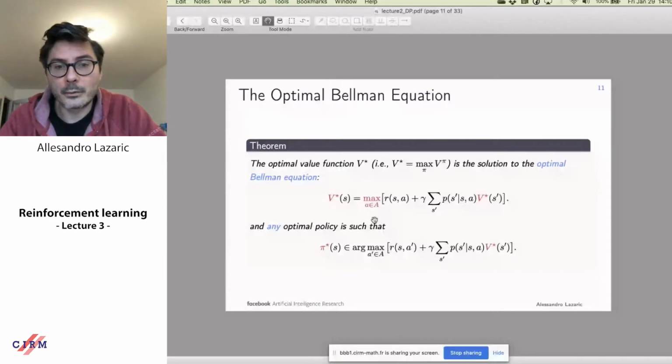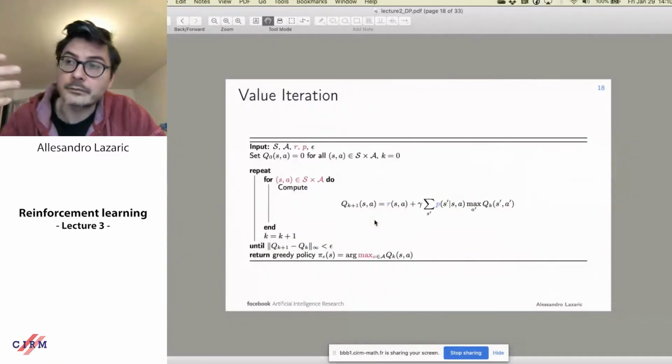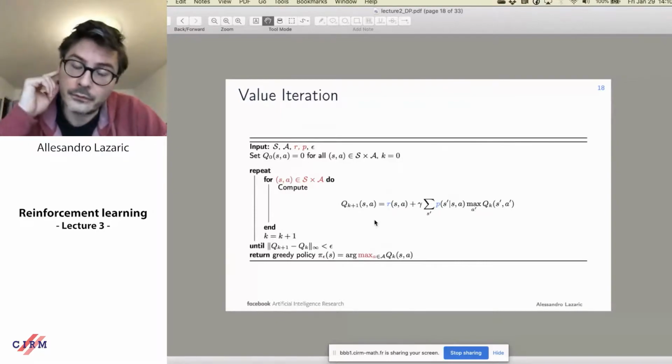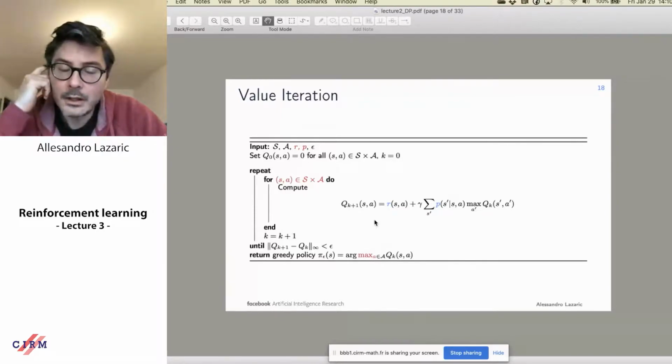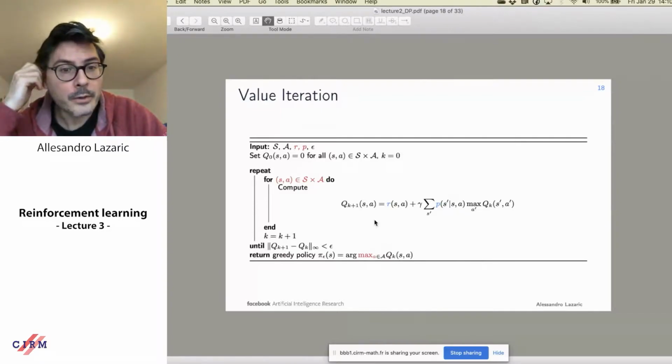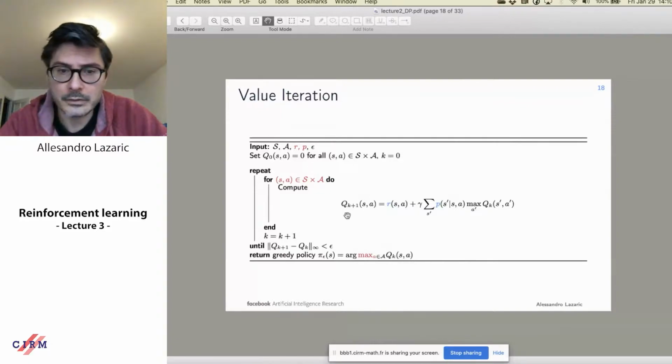And that's the reason why we later moved to iterative or incremental algorithms to compute these optimal value functions or optimal policies. One way is value iteration, where we start from an initial function and we just keep reiterating, computing basically these equations.